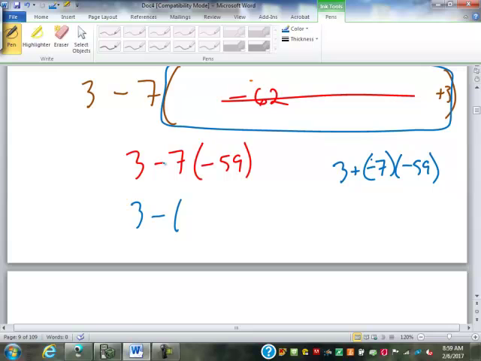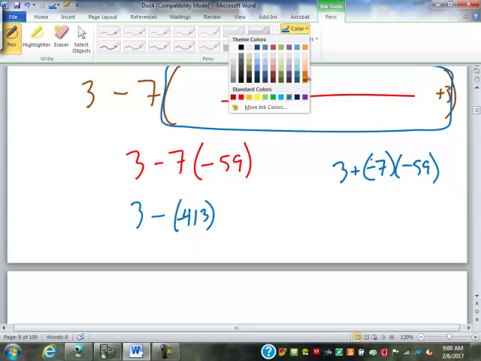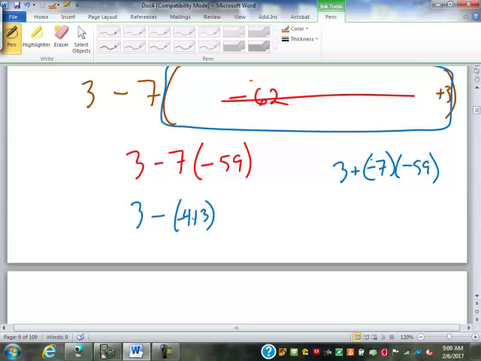So I'm going to leave that as just minus, and this is a positive 7. And that's going to be, what, negative 413, right? 3 minus a negative 413 is 3 plus 413, or 416. If I read it this way, notice what I did is I took this from being minus 7 to plus the opposite of 7.